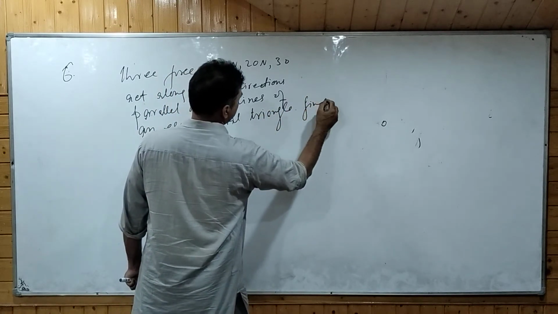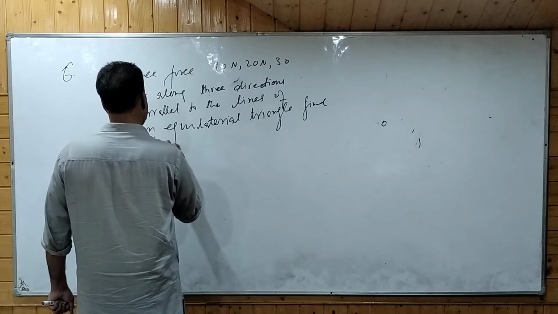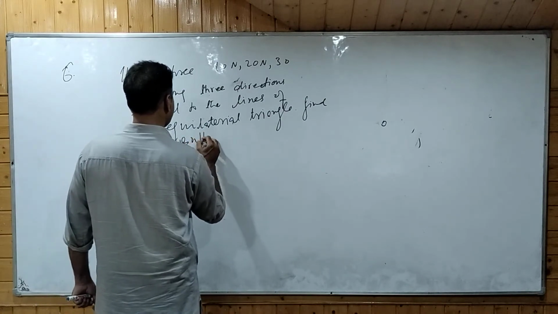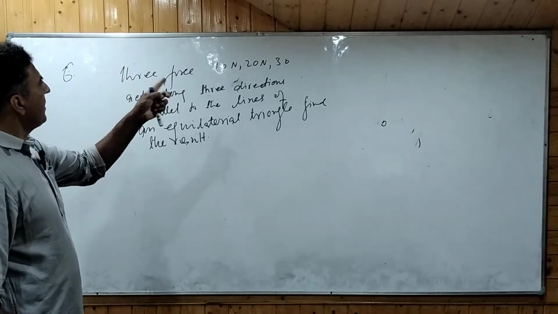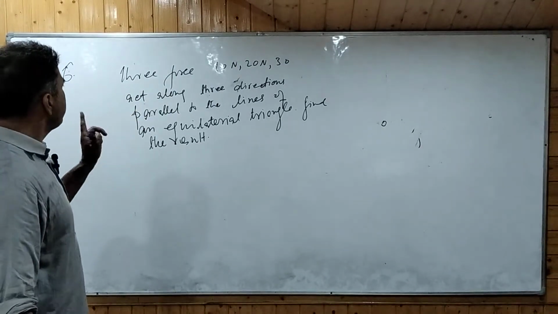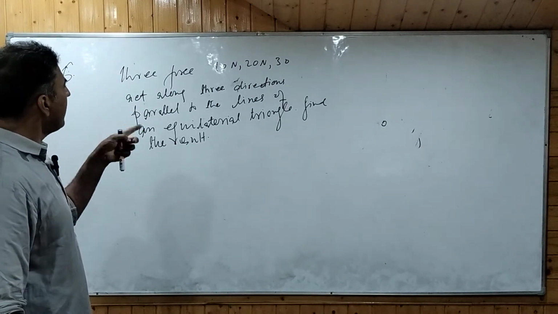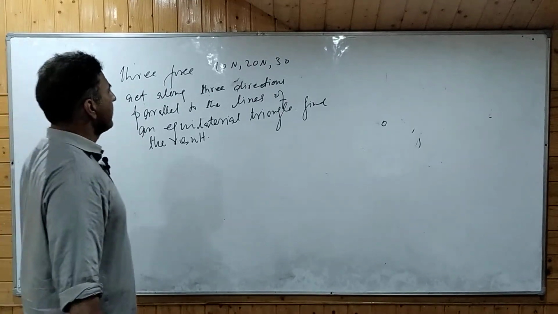Find the resultant. This is the question. Three forces, 10, 20, 30, act along three directions parallel to the lines of an equilateral triangle. Find the resultant. Something like this.